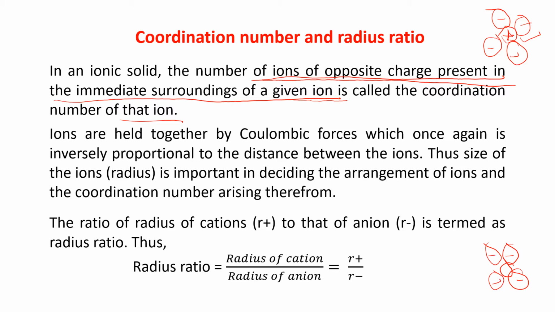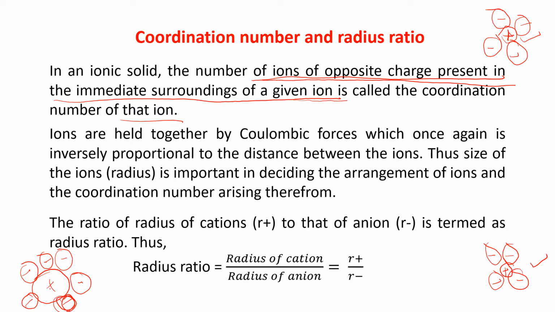Suppose the size of the cation is bigger, then it can be surrounded by 6 anions, maybe 3, 4, 5, 6. 6 can be accommodated. So in that case, the coordination number of this cation is 6. In the other case, the coordination number of this cation is 4.